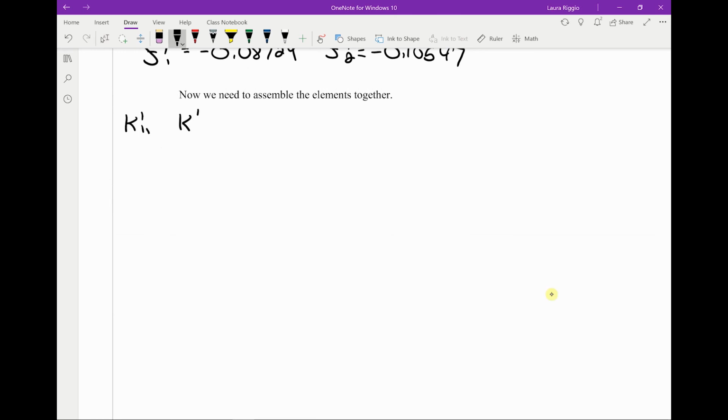It's going to assemble in series, so along the diagonal, we're going to sum our elements together.